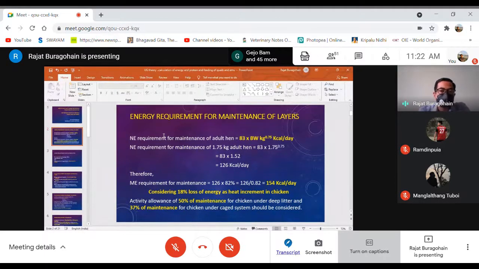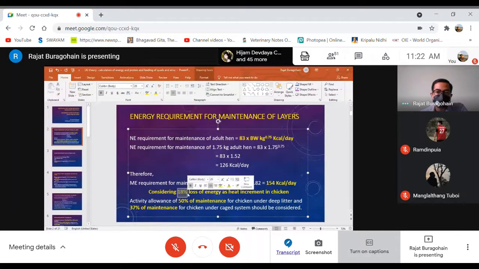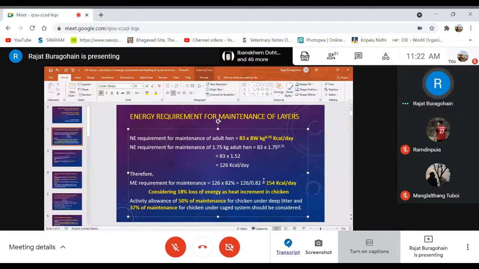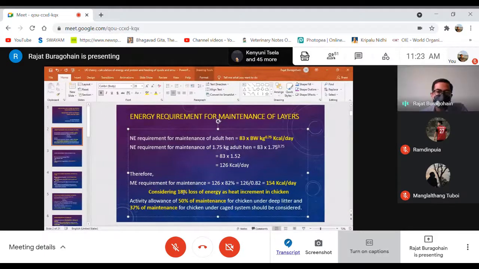Net energy is metabolizable energy minus heat increment. On an average the heat increment loss will be 18%, so 82% will be net energy, and 18% will be lost.